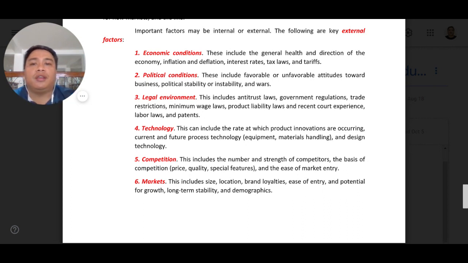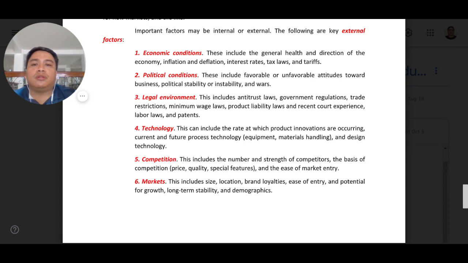For example, inflation and deflation, interest rates, tax laws, and tariffs. Those are economic conditions that can be an advantage to your business organization. So, that's what they look at. Another is what we call political conditions.